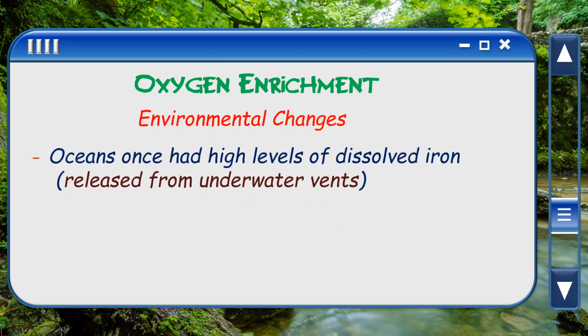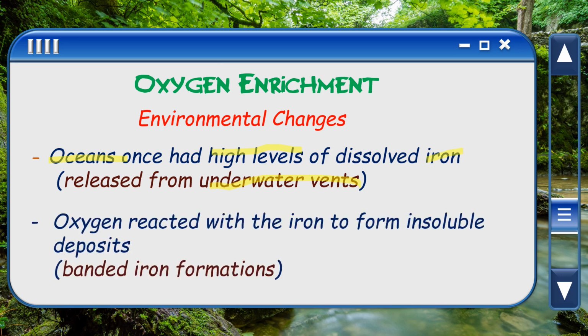Now, what happened when there was change in the environment because of production of oxygen? The oceans used to have a high level of iron ions, which were released from underground water vents.